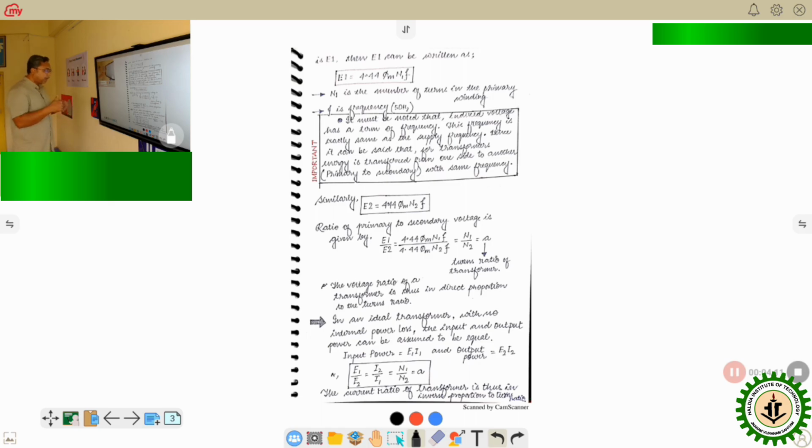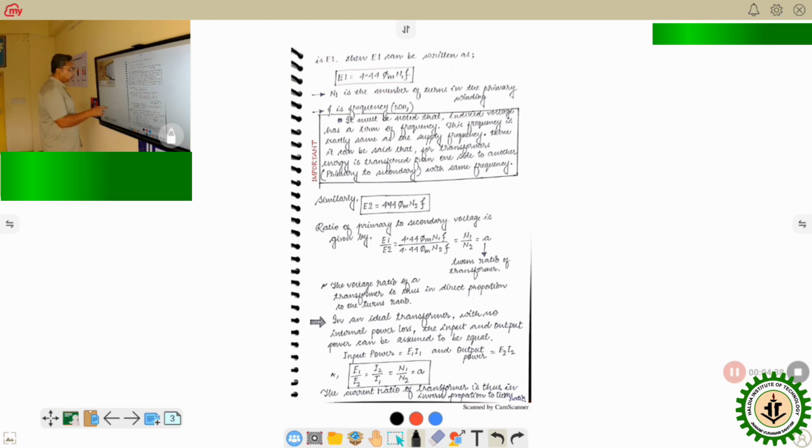If we write for an ideal transformer, then we get E1 by E2 equals I2 by I1. So we have the formula E1 by E2 is equal to N1 by N2, which is known as the turns ratio, but when it comes to current, it will be an inverse ratio. E1 by E2 is equal to I2 by I1.